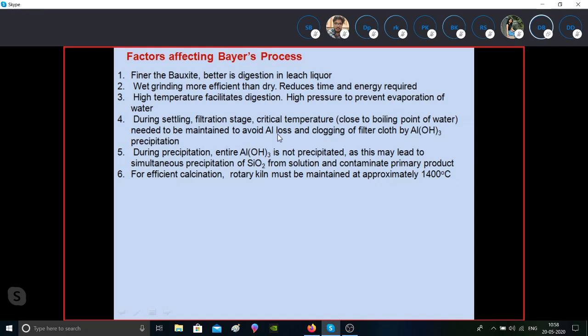To prevent precipitation of Al(OH)3, aluminium hydroxide, we have to maintain the temperature somewhere near 100 degrees centigrade.